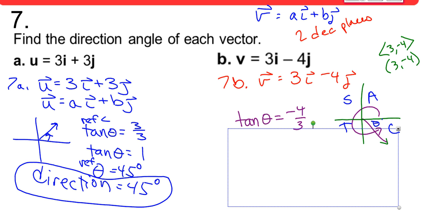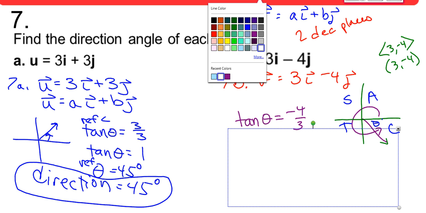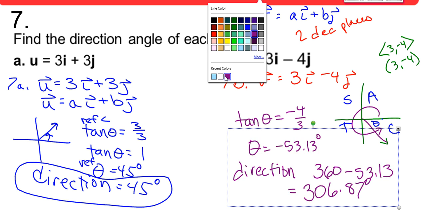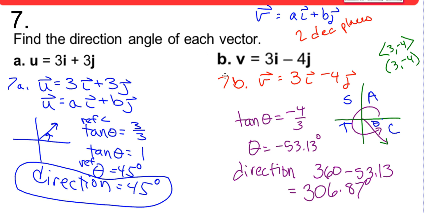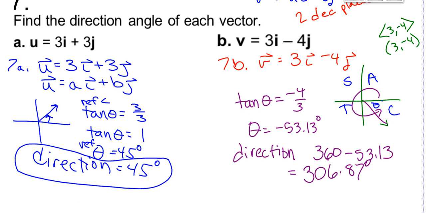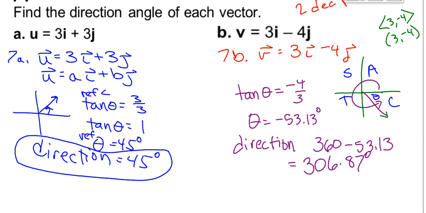If you put it in as positive, it'll give you the first quadrant. Either way, you have to think in your head that the actual 53.13 is the reference angle. And then how are you going to find the actual angle? 360 minus that. It gives you that negative, but you can ignore the negative for now. We take 360 minus the 53.13, and that gives us a direction of 306.87 degrees.